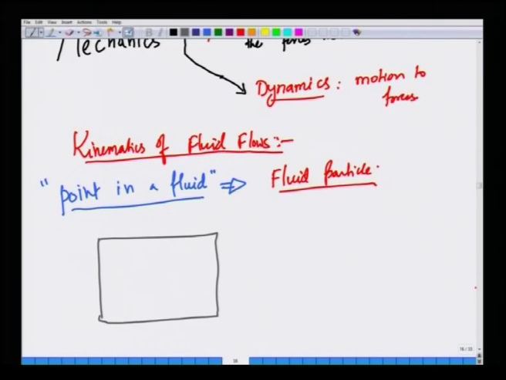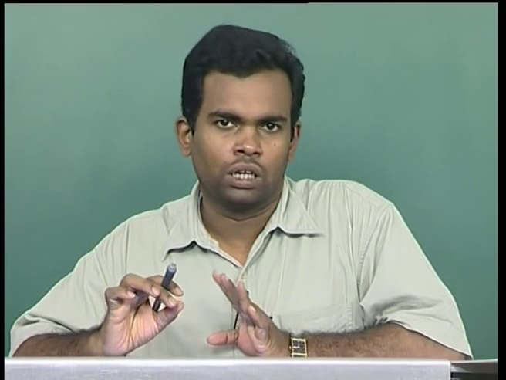Let us say we take a colored dye and mark a fluid here, and then take another colored dye, mark a fluid here, take a dye of another color and mark a fluid here, and so on. Imagine that you are marking fluids with colored dye, and let us assume that the dye molecules do not diffuse, so that the dye stays put.